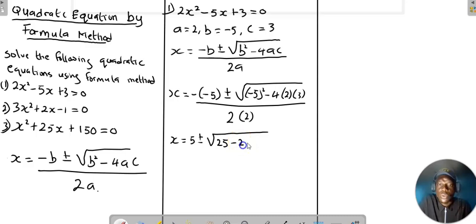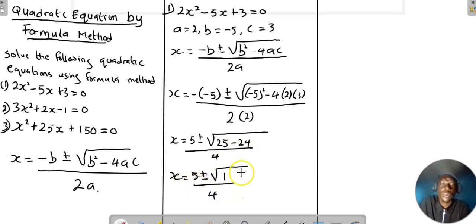So minus 24, all over 2a. 2 times 2 will give us 4, all over 4. Our x is equal to 5 plus or minus the square root of 25 minus 24, which gives us 1, all over 4.